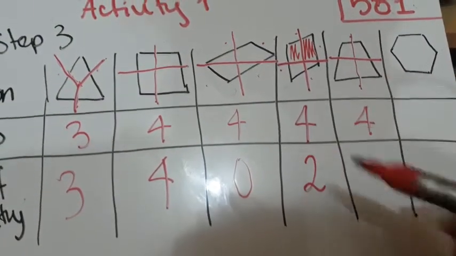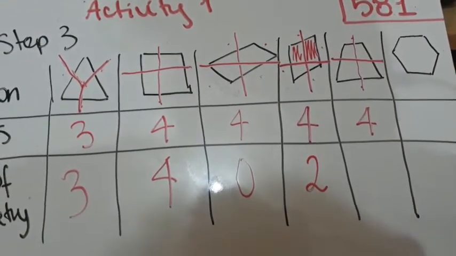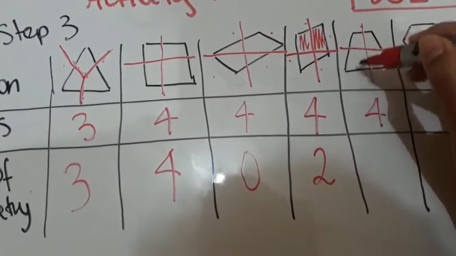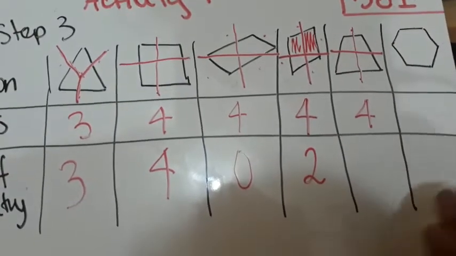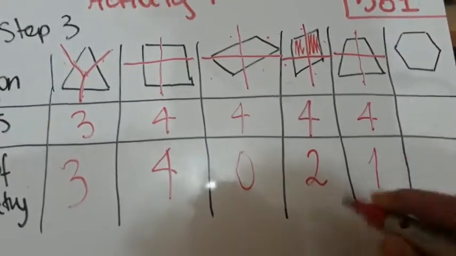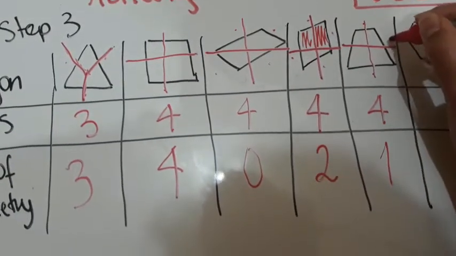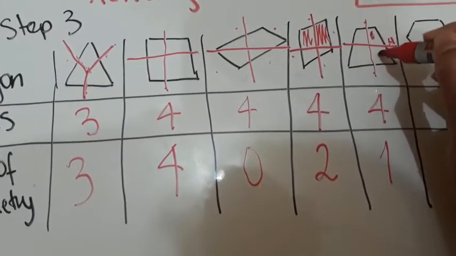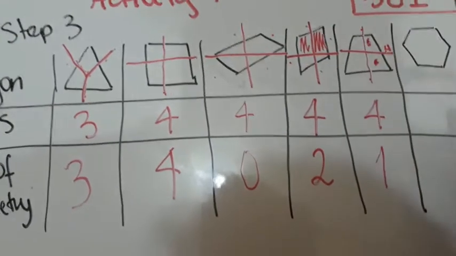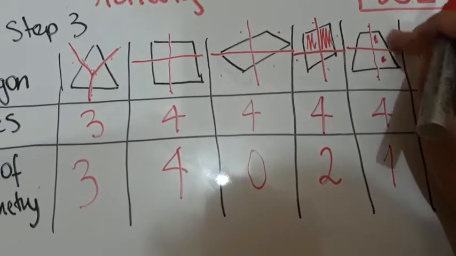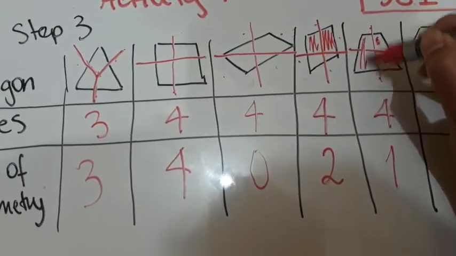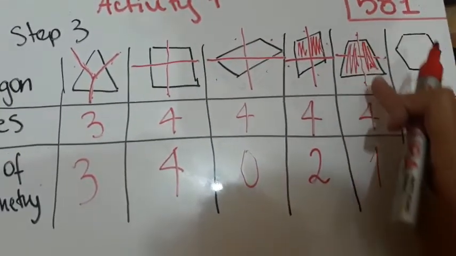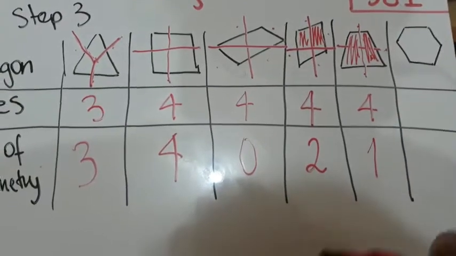Okay, we have symmetry only on this side. So we have only 1. Because if you compare the horizontal line, this part up and this part down are totally different. But what happens if you check the vertical? We have the same here and we have the same here. So we have 1 line of symmetry.